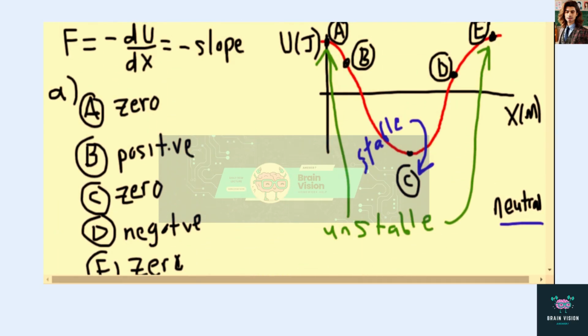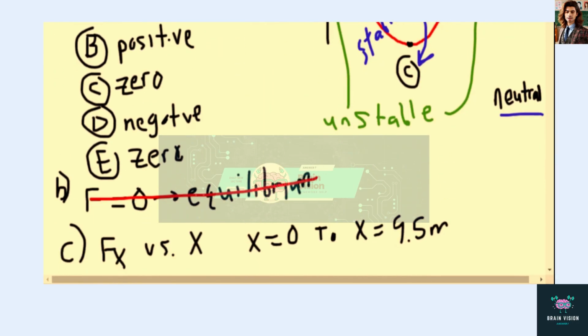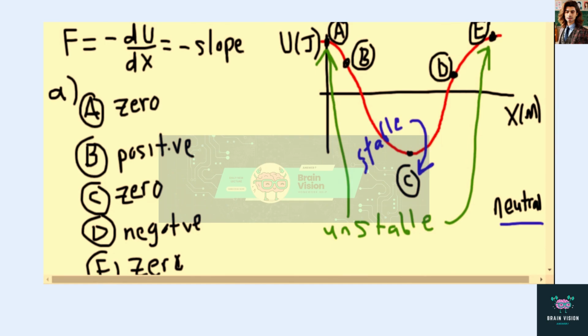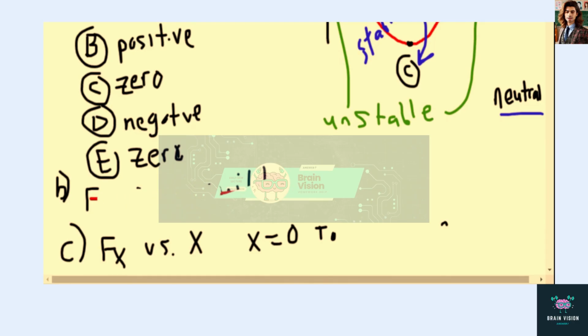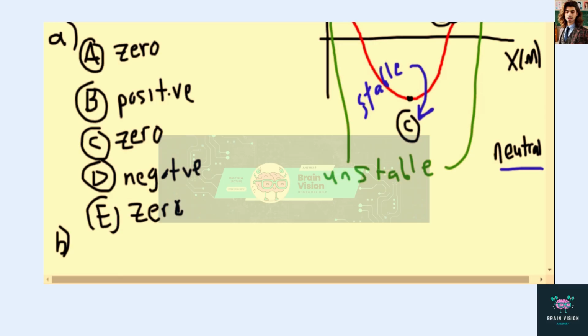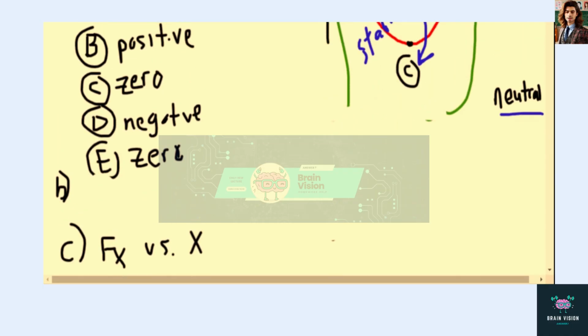Finally, we're supposed to graph the force versus x. That would be the slope of the line versus x. I'm going to make a little room here by erasing this, which I didn't even need to write anyway. A lot of erasing.